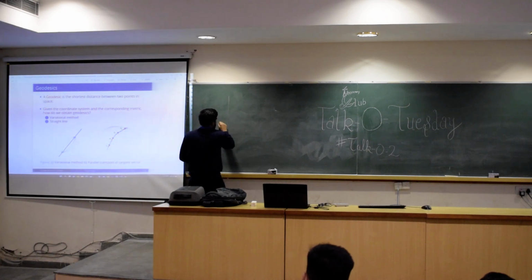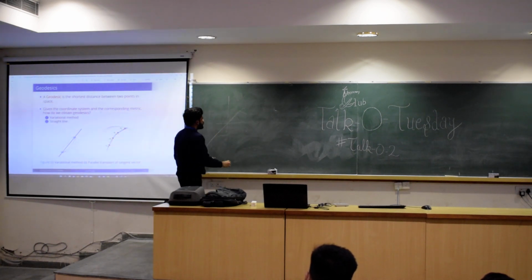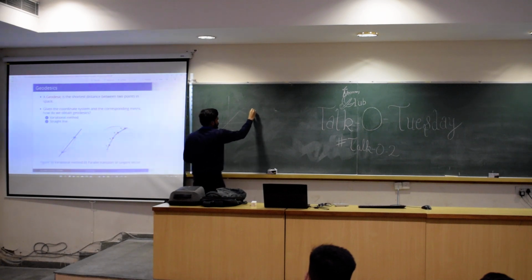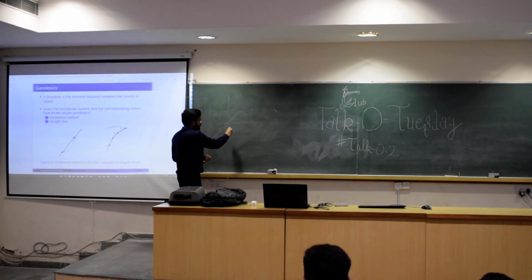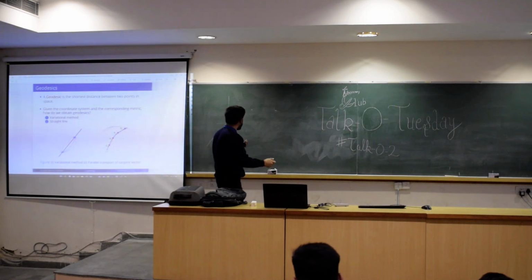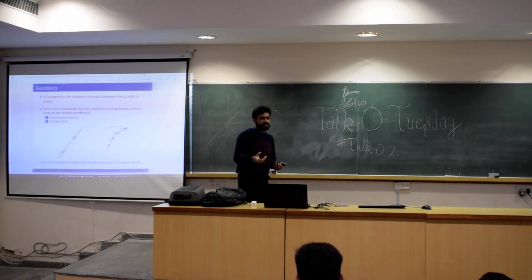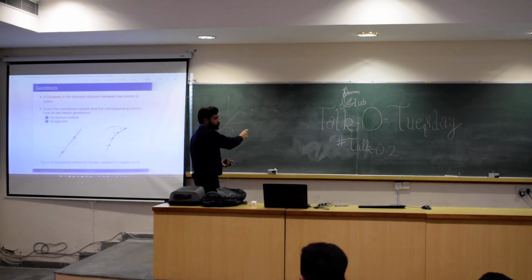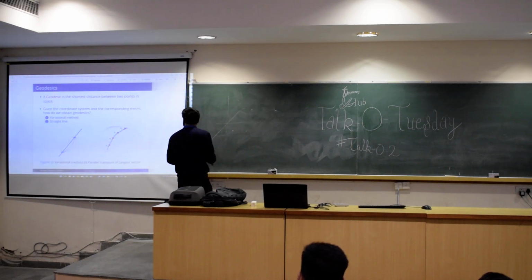So you have 2 points, and you want to figure out what is the shortest distance between these 2 points. This is not a normal Cartesian system distance. We have a metric which varies from place to place. So you have to calculate distances accordingly.